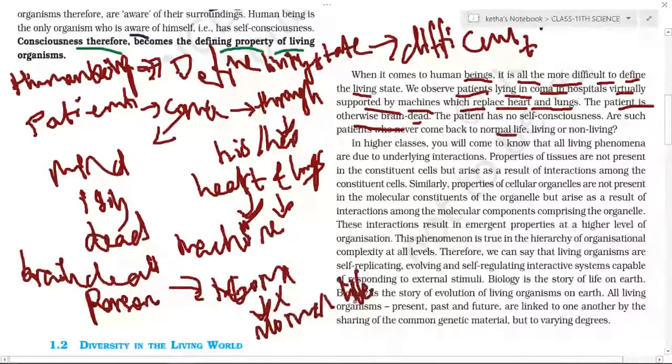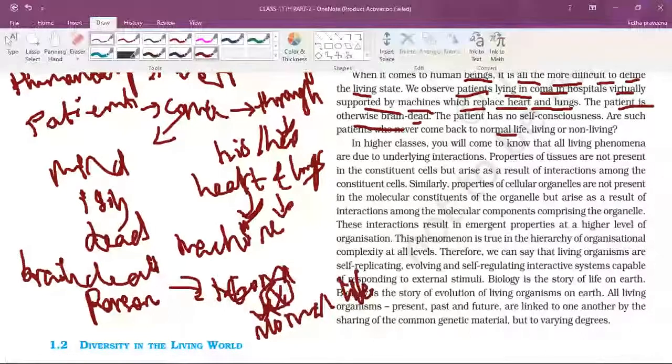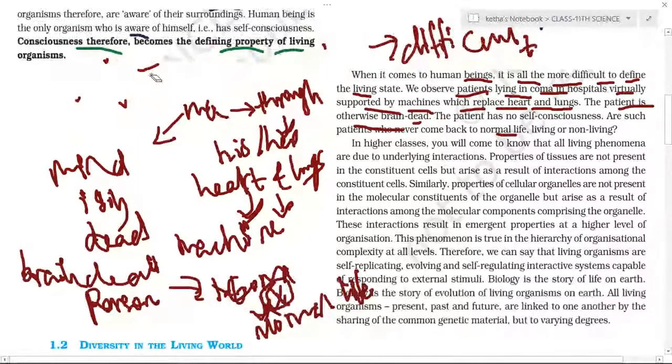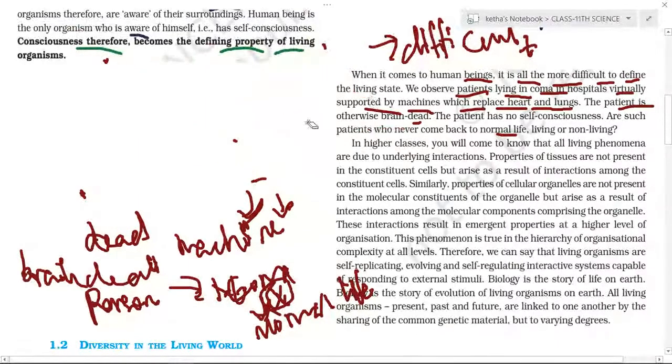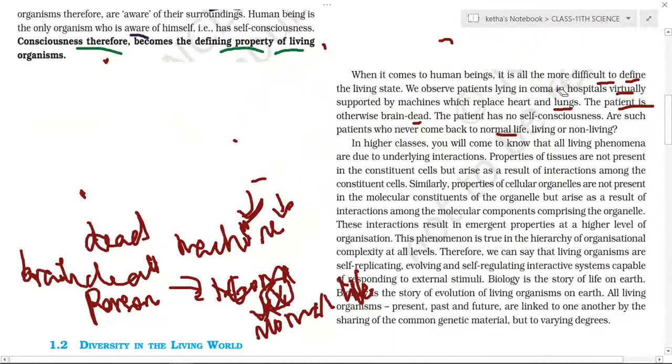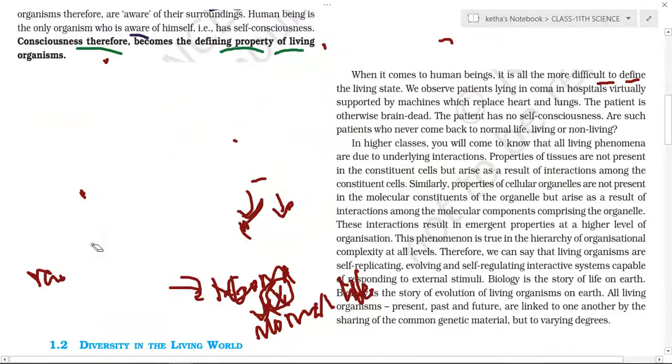It is impossible for him. Why? Here the brain is already dead, so he cannot come back to his normal life.